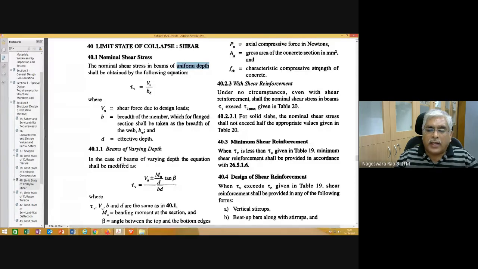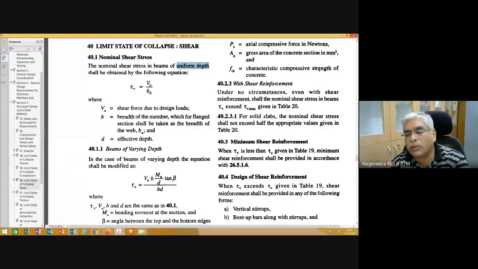The stress due to bending is given by M divided by Z. M is your bending moment at that particular section, or if you want, you can use Mu, the bending moment at the section you are interested in, and Z is the section modulus.